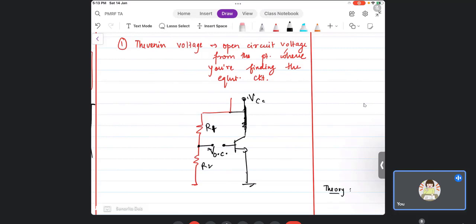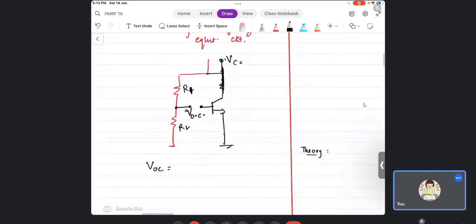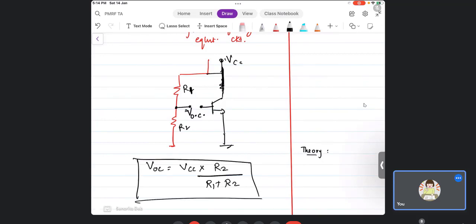What will be VOC? Nothing but VCC into R2 by R1 plus R2. So it came out the same as the previous one. But in the previous one, the reason was IB was negligible. In this one, the reason is that it is the Thevenin equivalent. So please understand the concept. Don't mess it up. VOC is VCC into R2 by R1 plus R2.